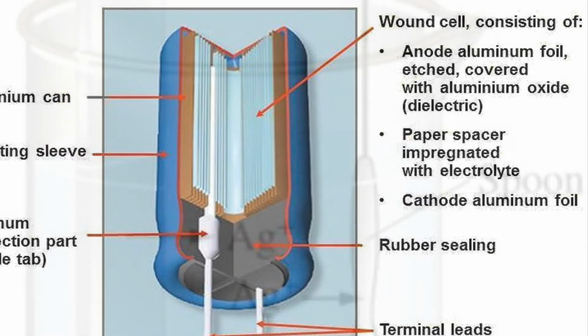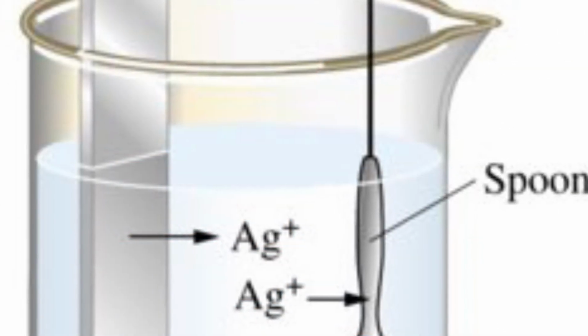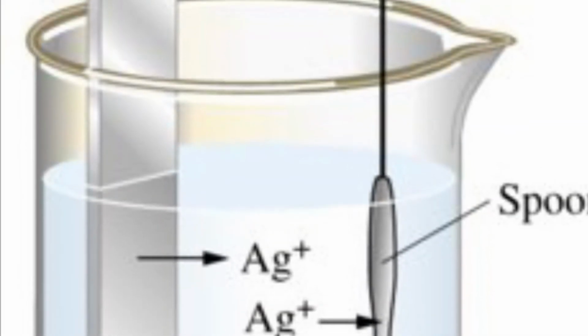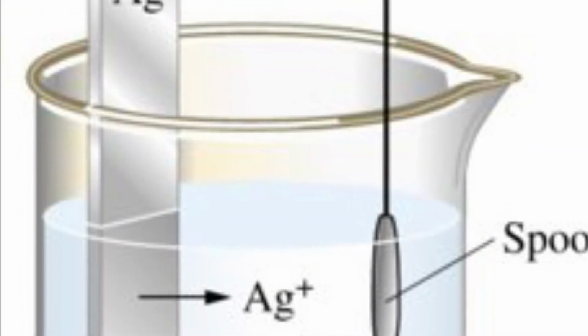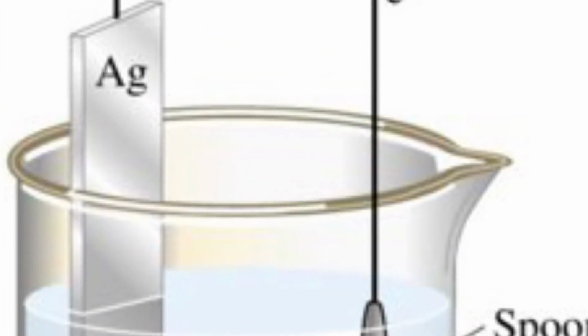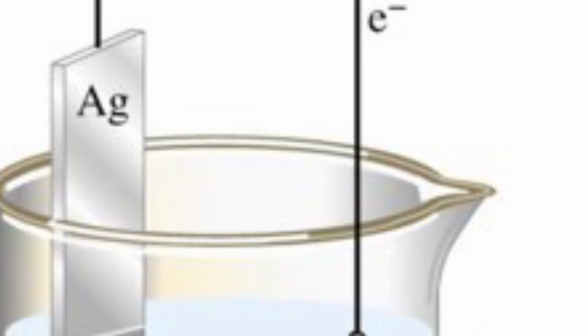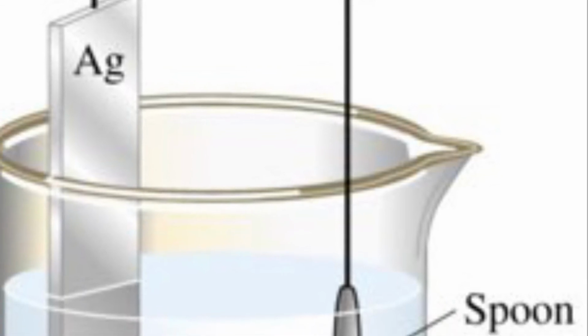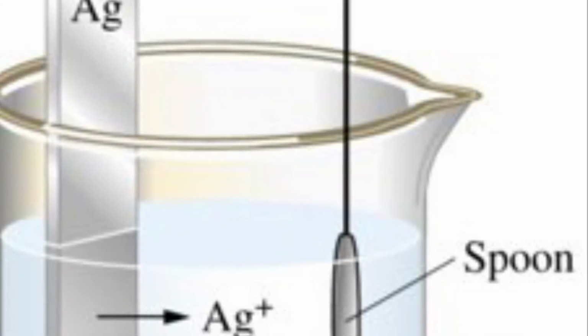Now, the fourth application of the chemical effect of current is electroplating. The process of depositing a thin and uniform layer of a metal on any conducting surface is called electroplating. The article to be electroplated is made the cathode and the metal to be deposited is made the anode.